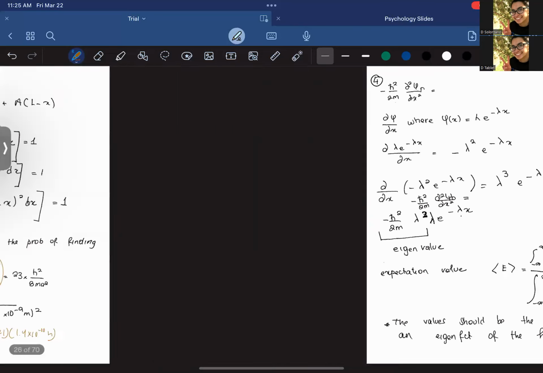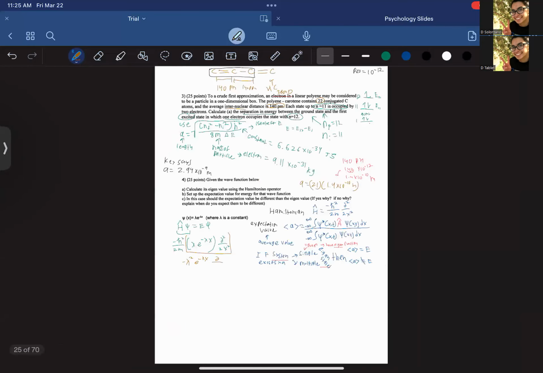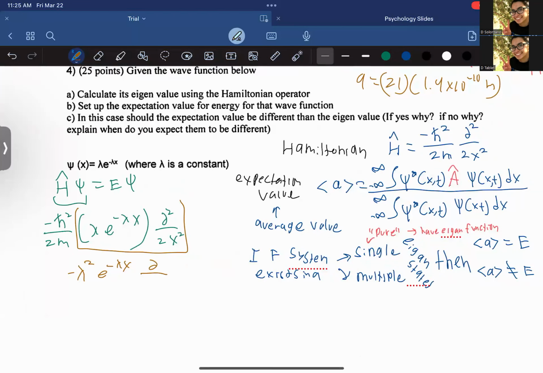It's in tx squared. Erase those. Except it's not squared anymore because we already did one derivative.